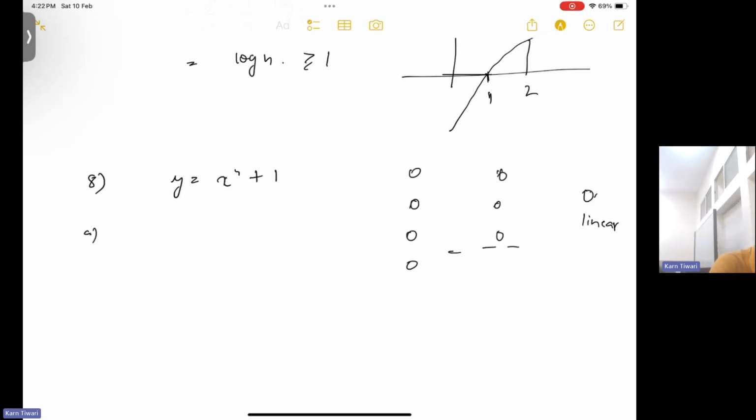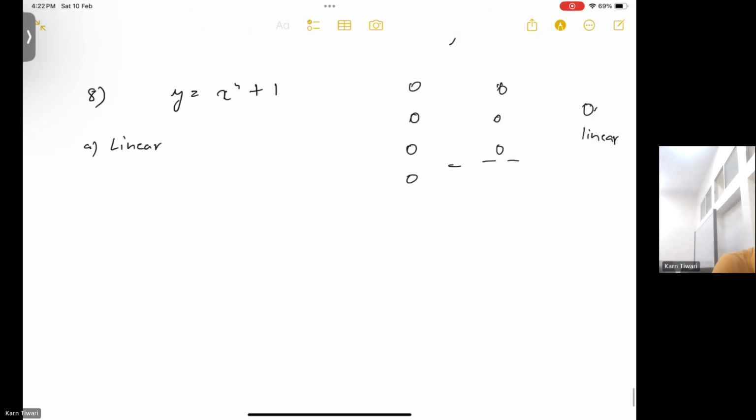The options are A, linear; B, ReLU; C, sigmoid; D, tanh, the inverse of x.